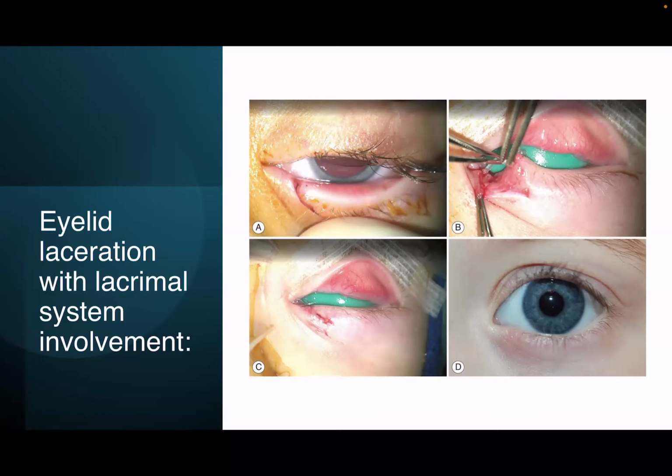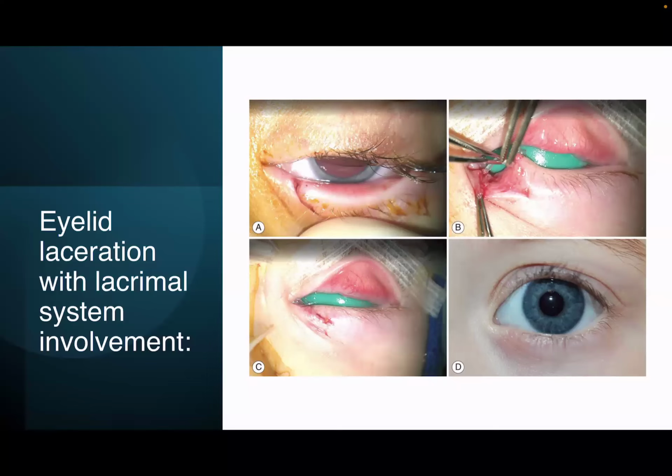We have to check whether the lacrimal system is suspected to be involved, check the patency of the lacrimal system and whether there is any injury. We can do that very easily by injecting fluid from the upper canaliculus to check the lower, and vice versa.